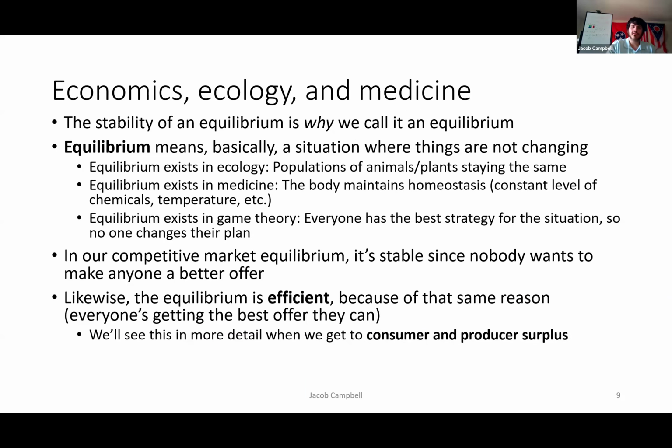Now, the stability of an equilibrium is why we call it an equilibrium. See, equilibrium means basically a situation where things are not changing. And this concept exists in many different fields, some of which many of you would be familiar with. A lot of my students in this class are forestry majors. And so you probably are familiar with equilibrium in ecology.